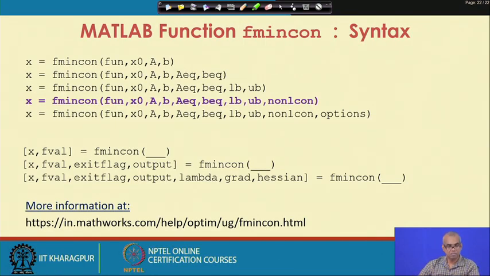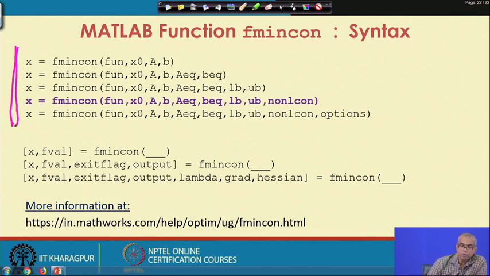So, what is the syntax? The syntax is shown here. You first have to define a function where you will write down the objective function. The function fun will return the value of the objective function at the decision variables to the fmincon solver. So, you have to supply this function.